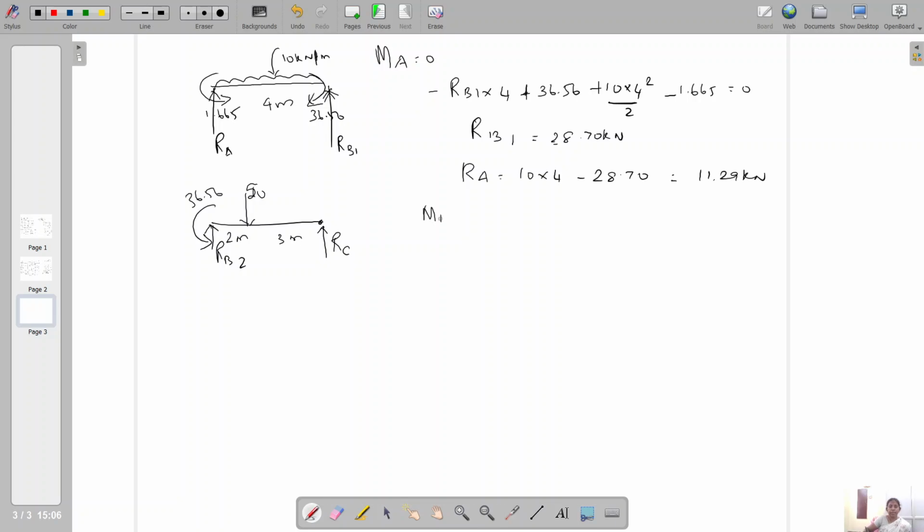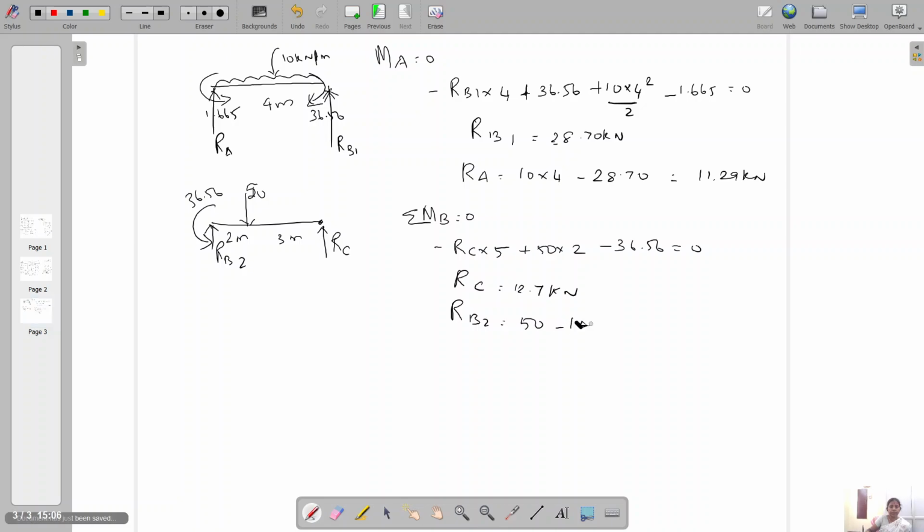I am making the moment equation at B equal to 0. So minus RC into 5 plus 50 into 2 minus 36.56 equal to 0. So you will get RC value as 12.7 kilonewton, and RB2 you deduct from the total load: 50 minus 12.7 equal to 37.3 kilonewton.